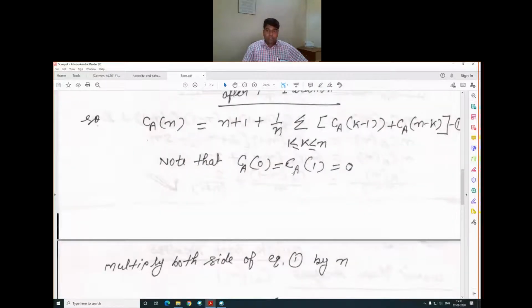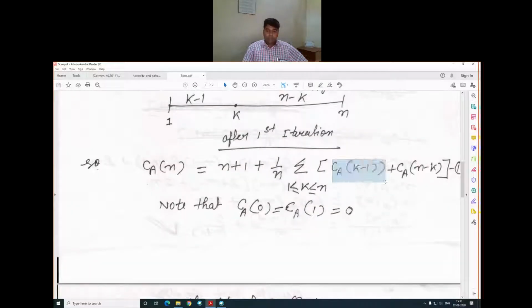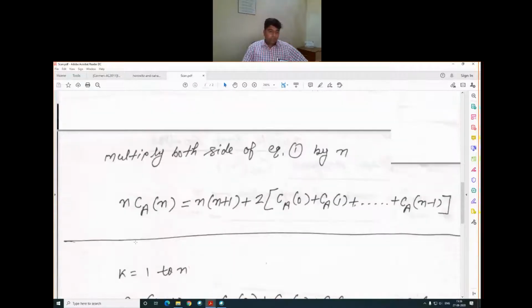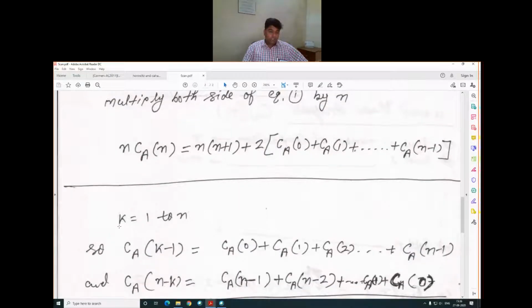Earlier we saw that this is C of k minus 1. We know that k contains values from 1 to n. So C of k minus 1 can be represented by placing the value k equals 1, then C of A is equal to 0. If k is equal to 2, then what is C of A?